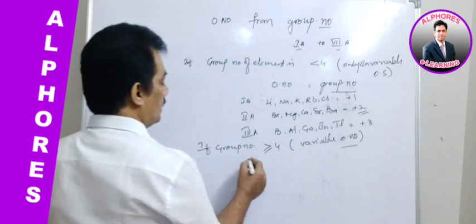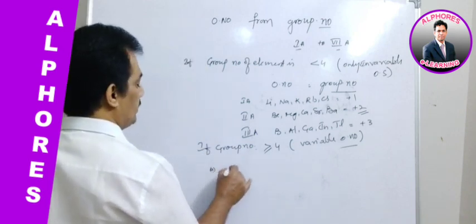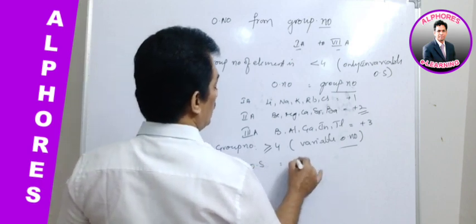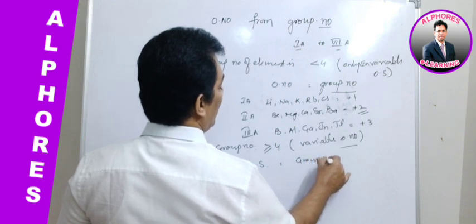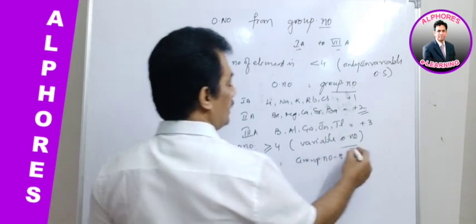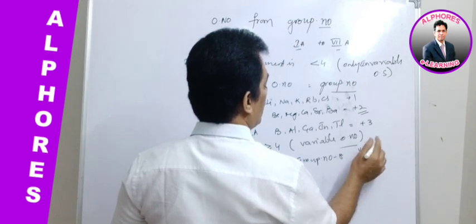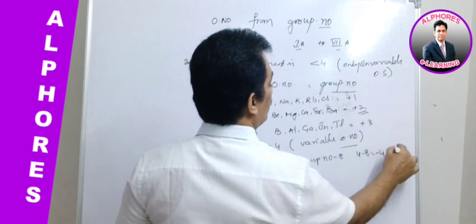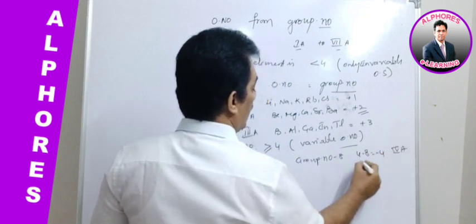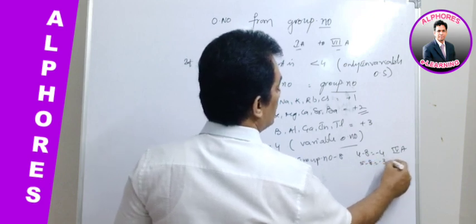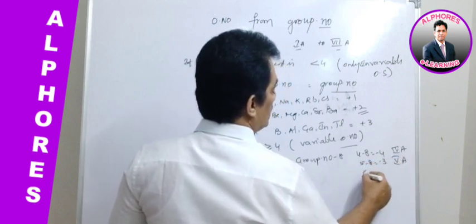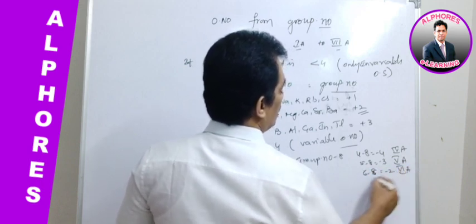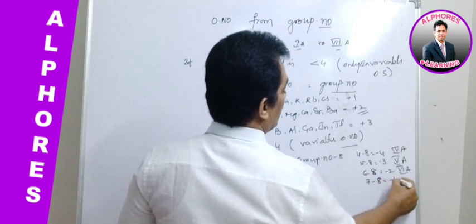In this case, what we learned is that the minimum oxidation state is group number minus 8. So for 4th A group we get 4 minus 8, that is -4; for 5th A group, 5 minus 8, that is -3; for 6th A group, 6 minus 8, that is -2; and for 7th A group, 7 minus 8, that is -1.